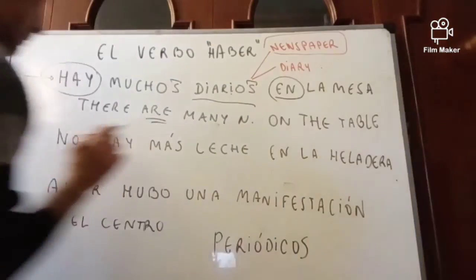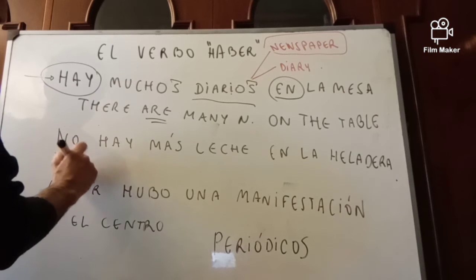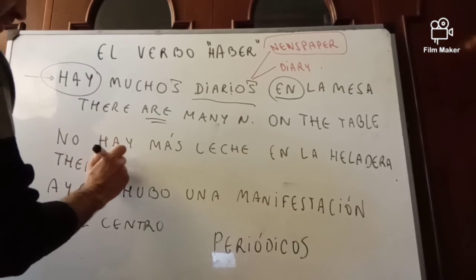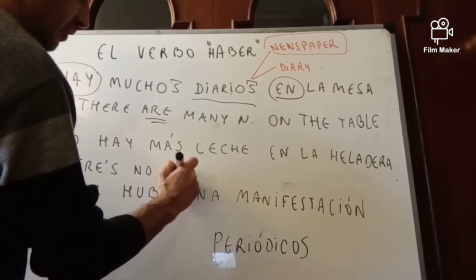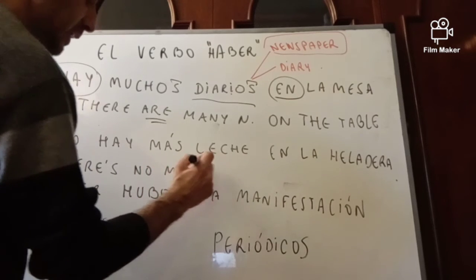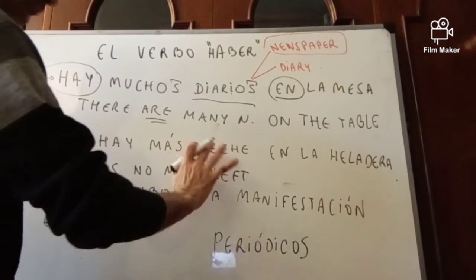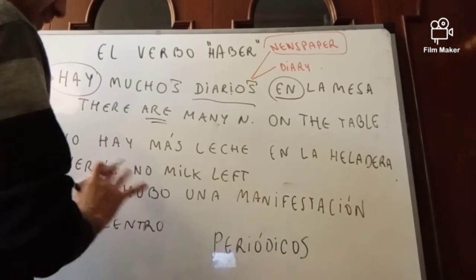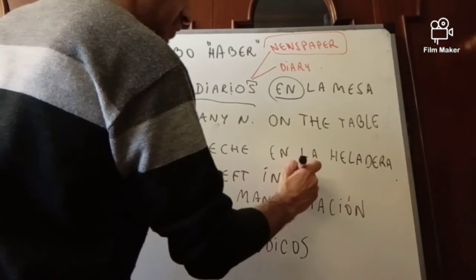Let's see the second one. No hay más leche en la heladera. There's no milk left. No queda más leche, no hay más leche. There's no milk left in the fridge.